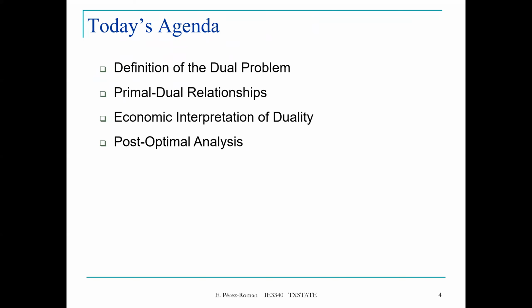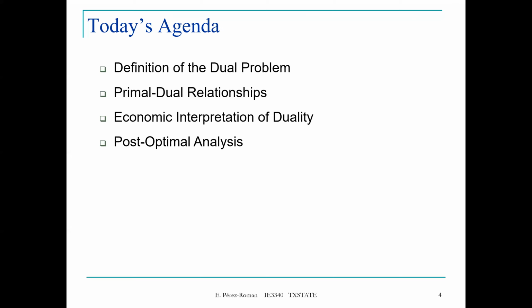So the agenda for this lecture is to define what is the dual problem. And also we want to identify the relationship between what we're going to call the primal problem and the dual problem that we're going to define today. The primal problem is basically the original formulation, the original linear program model that you formulate to solve a problem.